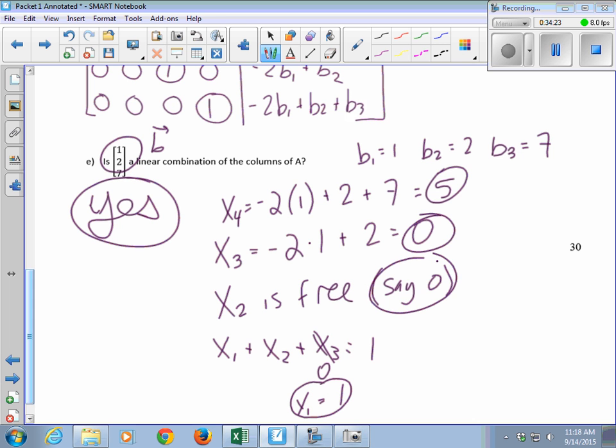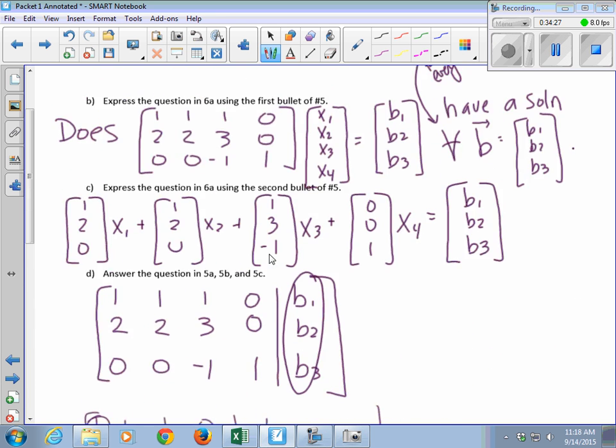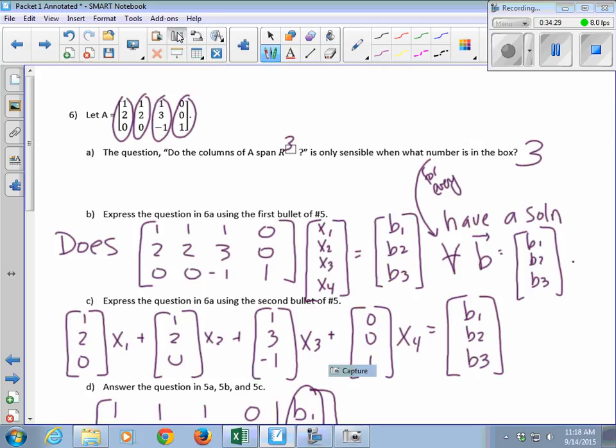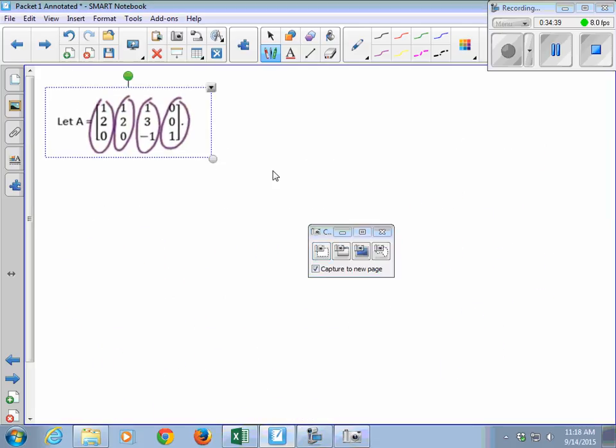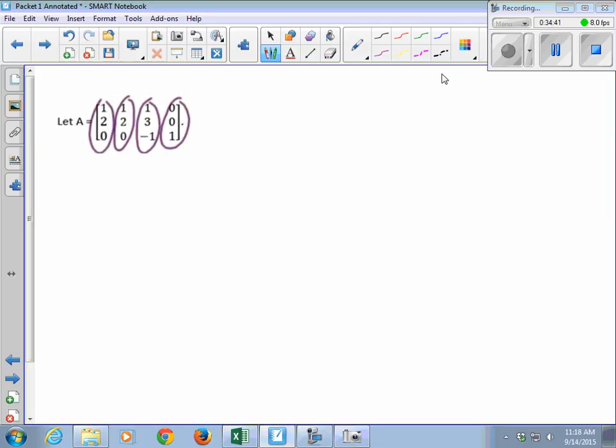Let's make sure it works, right? So 1, 2, 7. I want to make sure I can write that as a linear combination of the columns of A. Let me copy A again here. All right, so there's A, and my weights I said are 1, 0, 0, and 5.